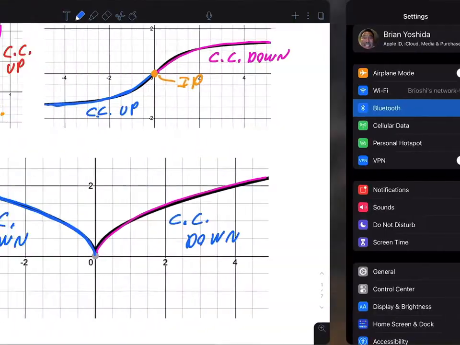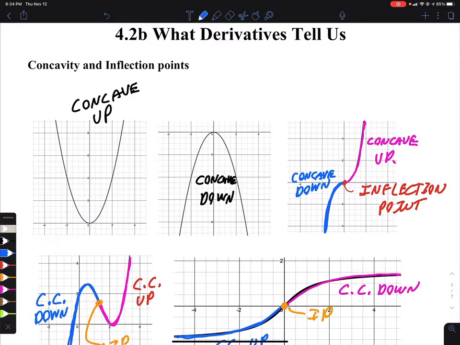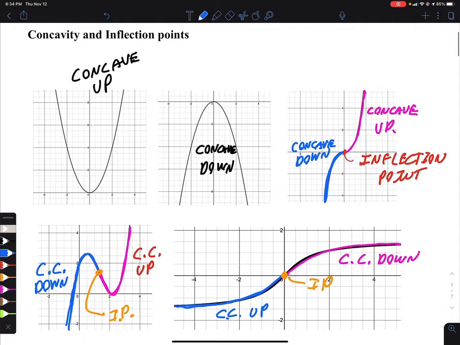Let me go back to these graphs and I will give you a visual again. Hopefully I can do this. So if we look at tangent lines, big negative, smaller negative, 0, small positive, big positive. So the slopes are increasing. When a function's concave up, the slopes are increasing. Watch this.